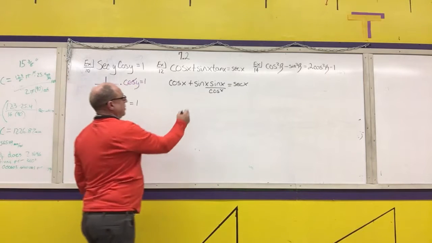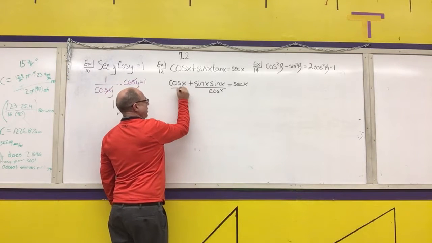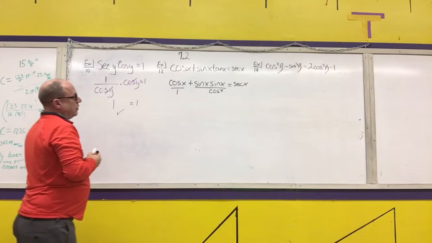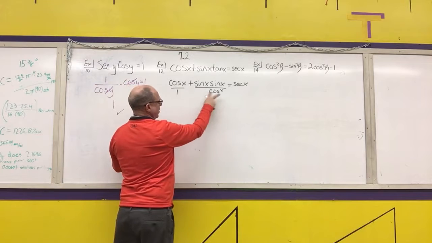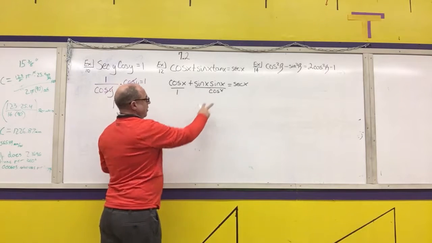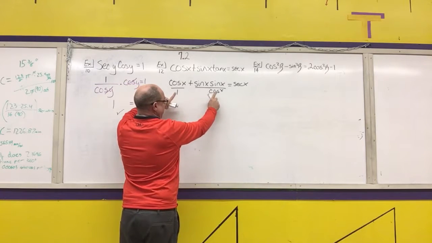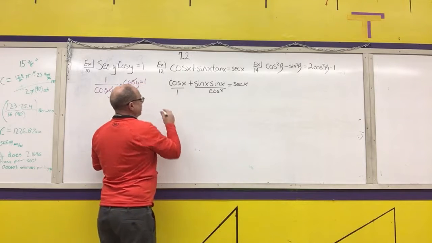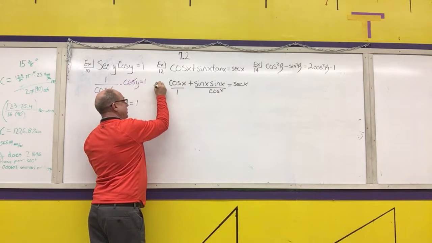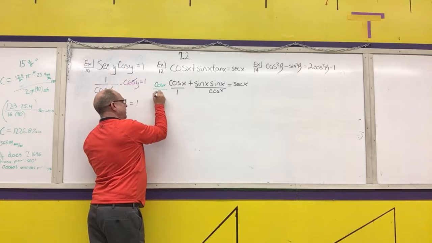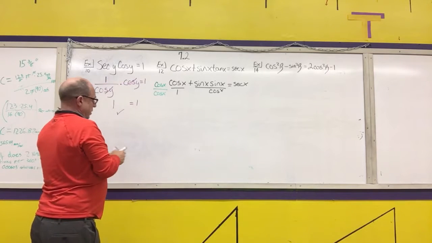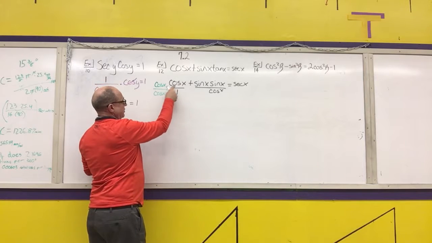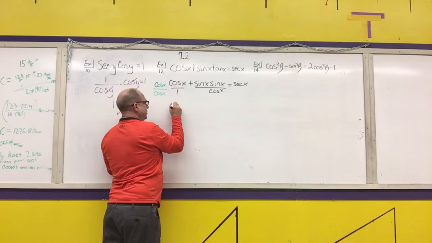Okay, notice here, I have a fraction that I want to add. In order to add fractions, I need to find the lowest common denominator between 1 and cosine of x, and that would be cosine of x. So I'm going to multiply top and bottom of the first fraction by cosine x over cosine of x. Notice that that gives me cosine x times cosine x, which is cosine squared x.